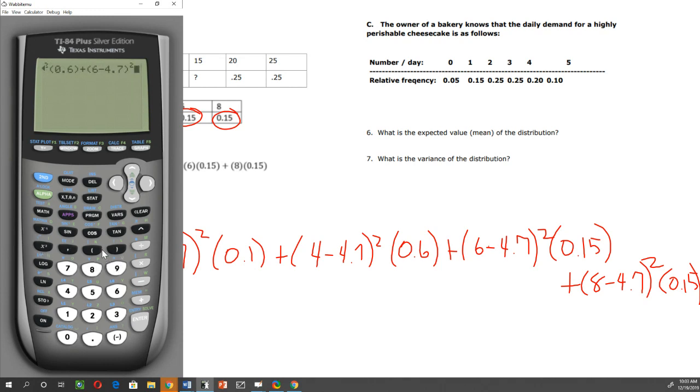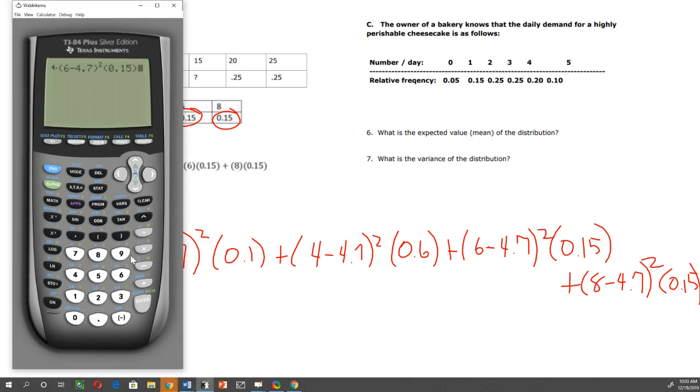Square that, multiply that proportion, which is 0.15. And you keep typing, it'll keep going. And the last one, 8 minus 4.7. Square that. And multiply by 0.15.